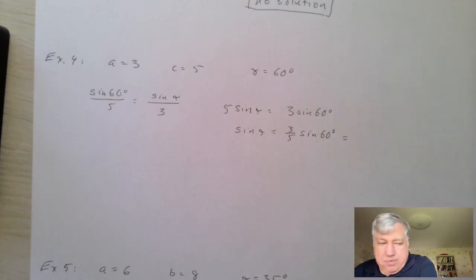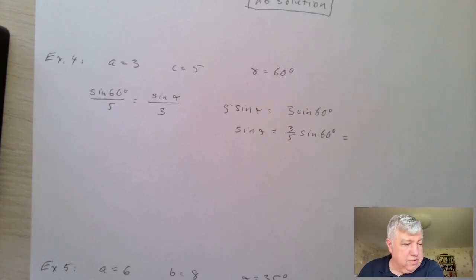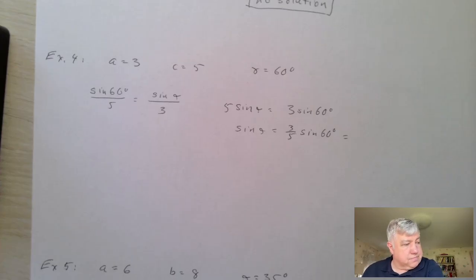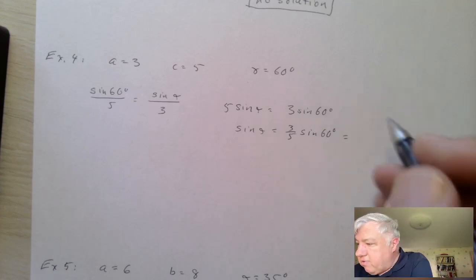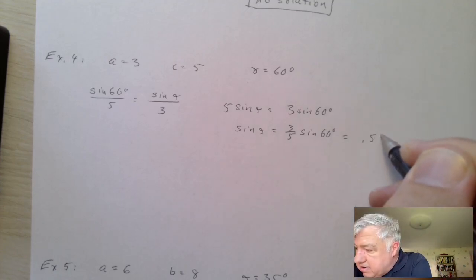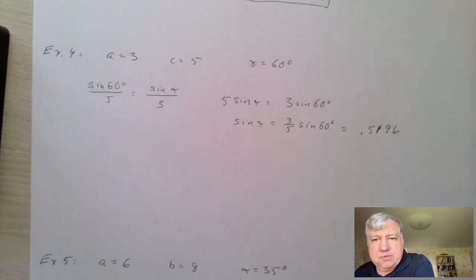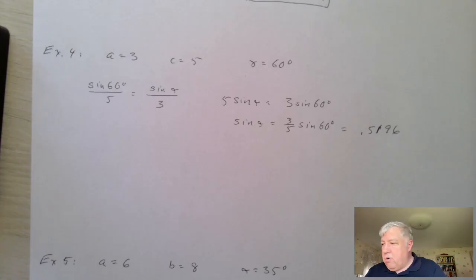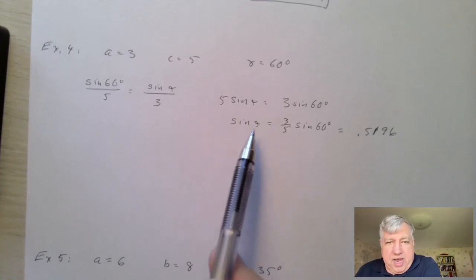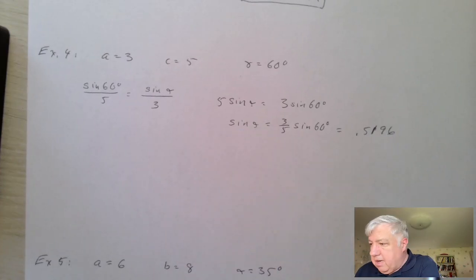And this time we get a number that's less than 1. In fact, this turns out to be 0.5196. All right, so we want to say, which angles have sine equal to this number?